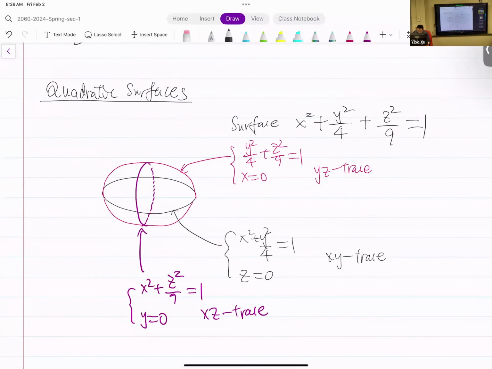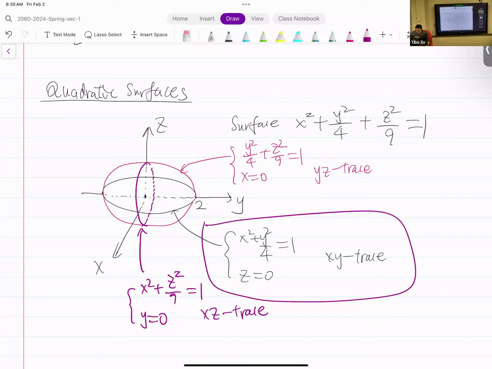Okay, so let's fill out the axes. Basically that's the center. This x direction, going towards the right, that's the y direction. Going upwards, that's the z direction. And then those intercepts will be identified by those values that you can solve, right? So basically, the largest y value here is 2, because here x is between -1 and 1, and y is between -2 and 2.